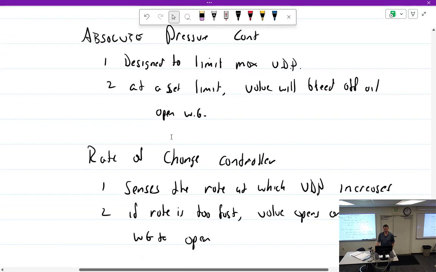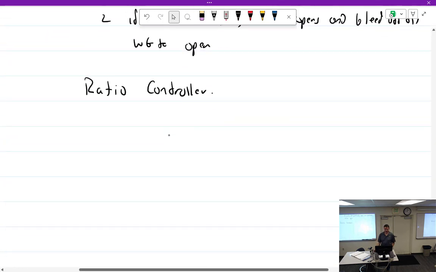If it was left up to that, we could go as high as we wanted to, and this thing would just spin up faster and faster and just keep pumping more air in, right? Doesn't matter how hot it gets, it's just going to keep going because it knows one thing, it's got to have more air. So we get to a point where the ratio controller is going to say, at this altitude, we need to start backing off. So to me, that's kind of where it's going to set its critical altitude for this engine.